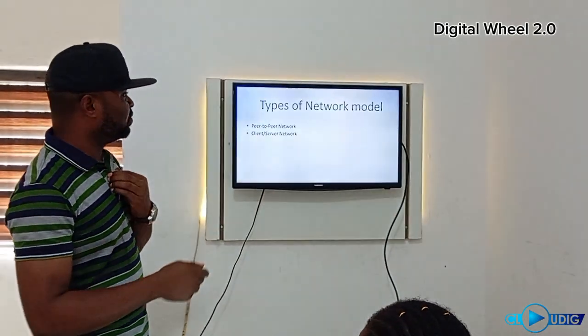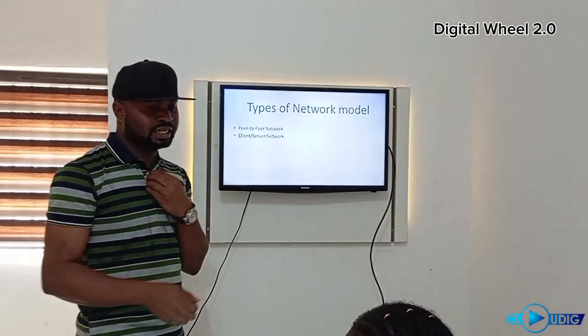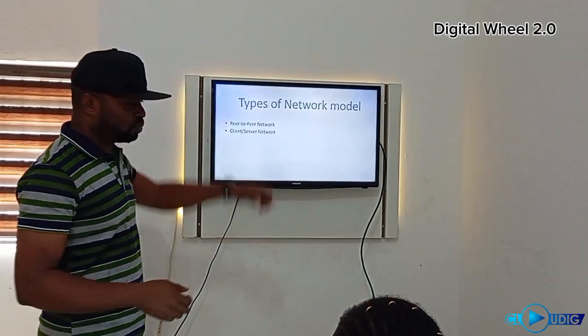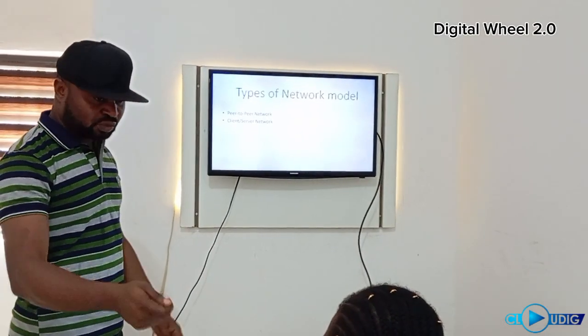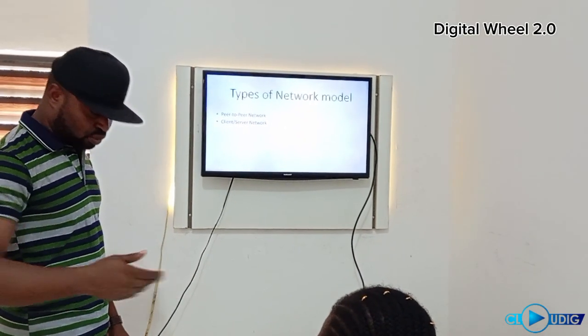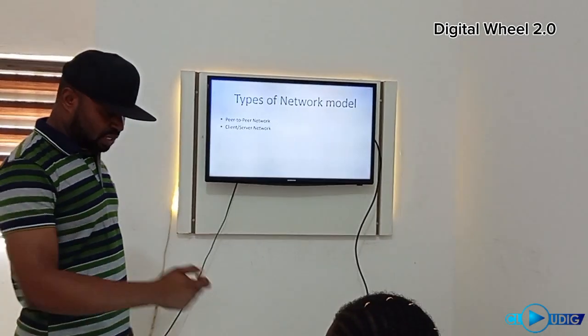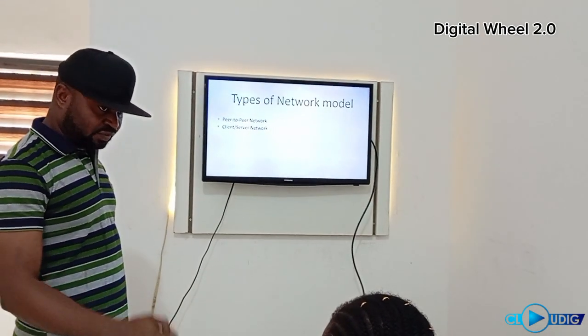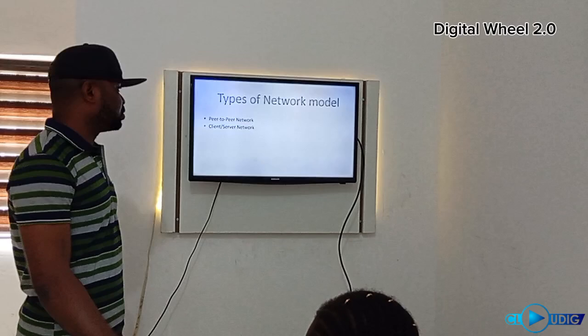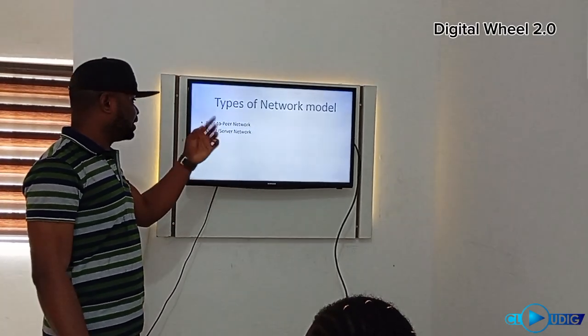Bluetooth also is a very good example of a personal area network. That's what we call peer-to-peer, because I'm sending information between both of us. I carry my phone and send information or a resource to you via Bluetooth as a peer-to-peer network.